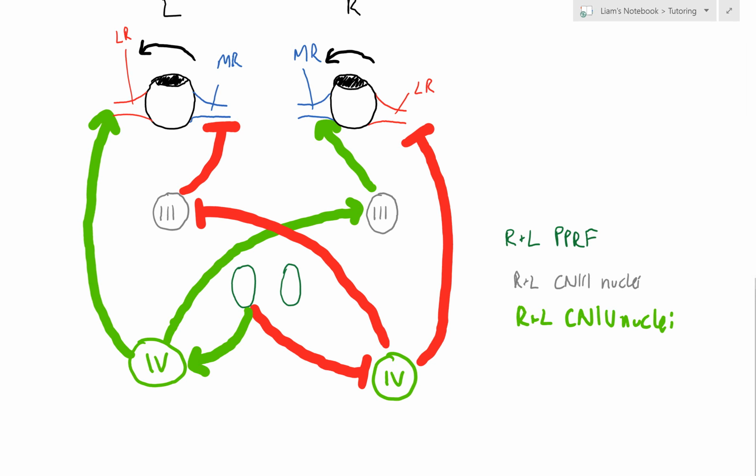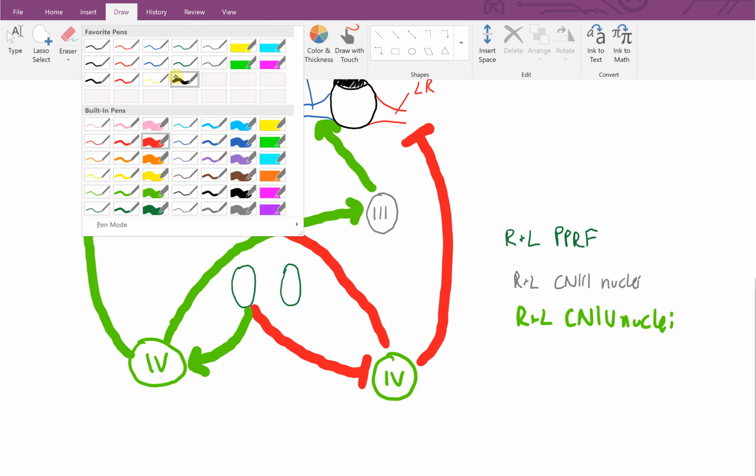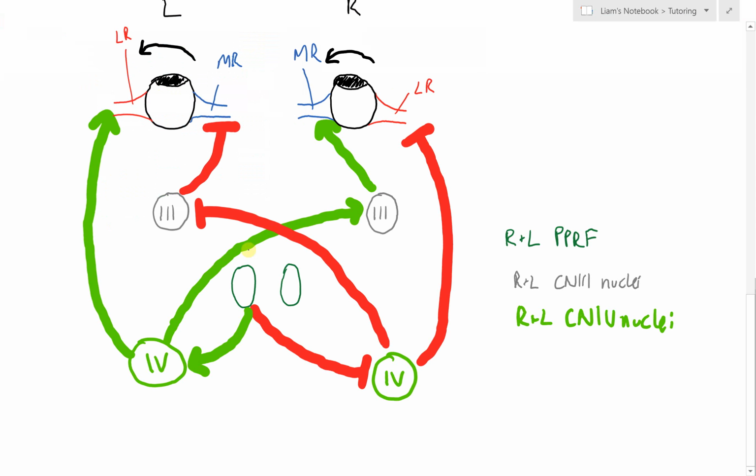So one other thing to add in here, this is not a major point, but it will make sense in our diagram before. We call this pathway that's connecting the cranial nerve 4 to cranial nerve 3 the MLF. That is the acronym for the medial longitudinal fasciculus.